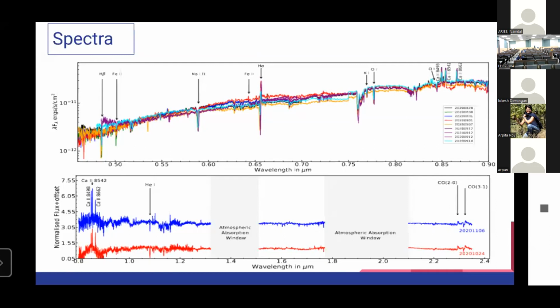The typical FUOR source shows the absorption feature, whereas the EXOR sources show the emission feature in these lines. Also, we found this interesting line of helium I at 10,830 angstrom, which was heavily blue shifted. This line acts as a proxy or tracer in determining the shocked regions that are formed due to the enhanced accretion rate.